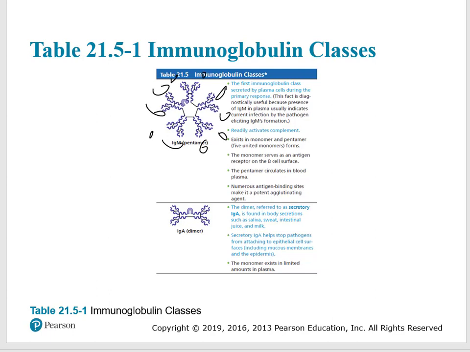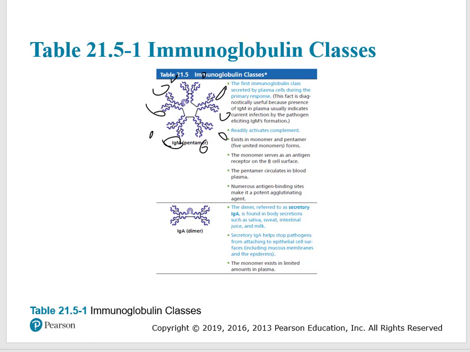This is what causes the agglutination of your mismatched RBCs. It forms a link and binds to multiple RBCs, the donor RBCs that were mismatched initially, and causes agglutination. So it's the first primary response, the first immunoglobulin that responds in your body.